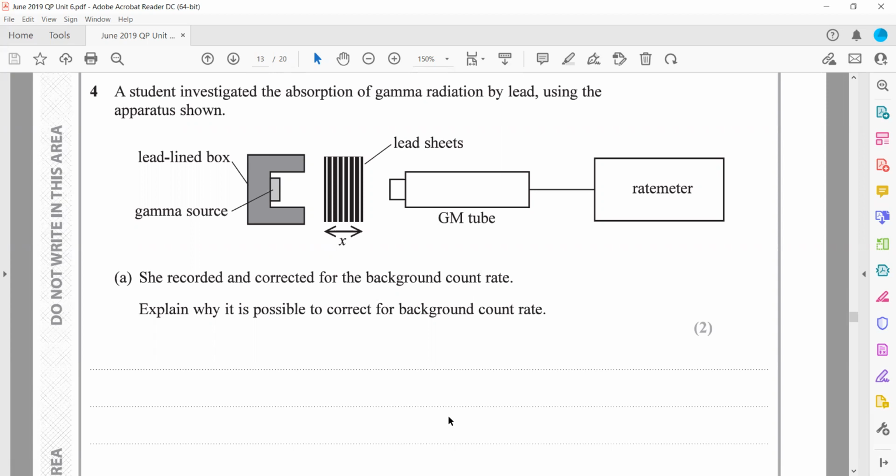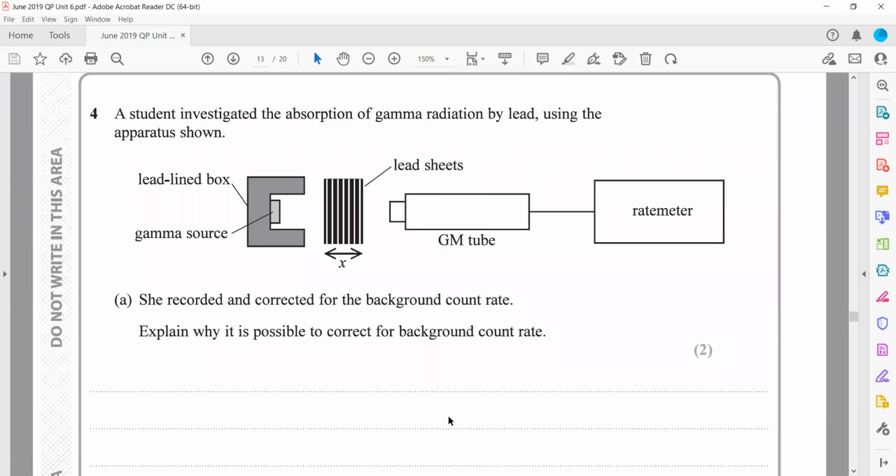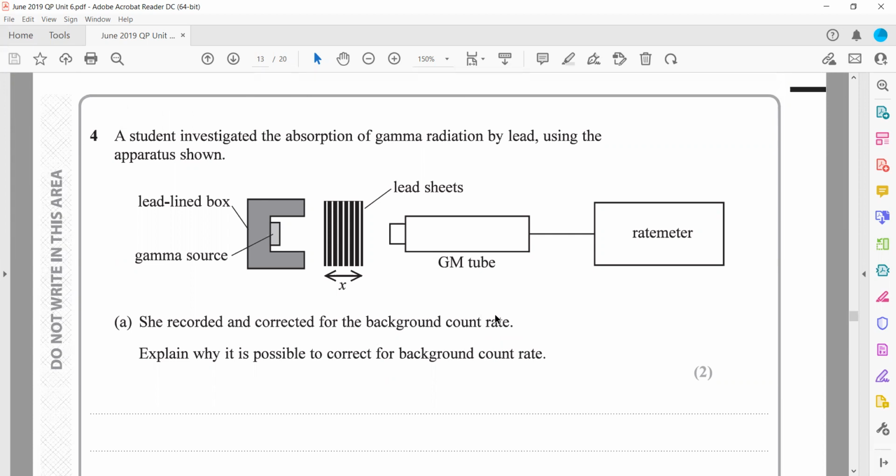Explain why it is possible to correct for background counts. So as you can see in the question, it is the absorption of gamma radiation by lead. So thick lead is there. How can we correct the background counts in this one?